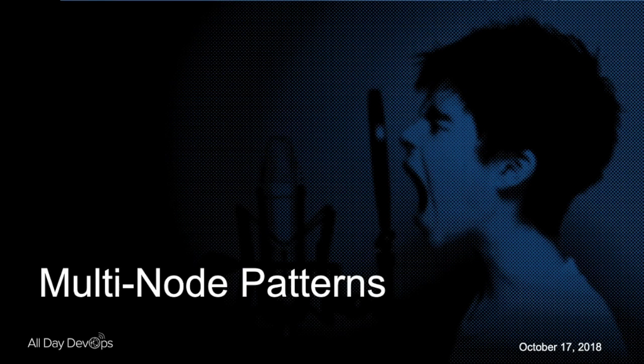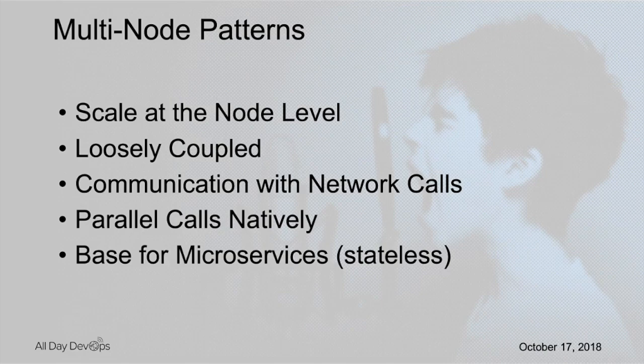So let's go rapidly with multi-node patterns. Multi-node patterns are used for scale at the node level. You're not going to be using those containers in the same node, meaning that you will be using other computers, other servers, and you will scale your application into different nodes.